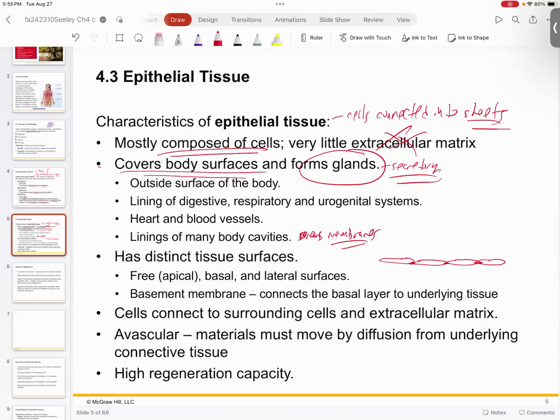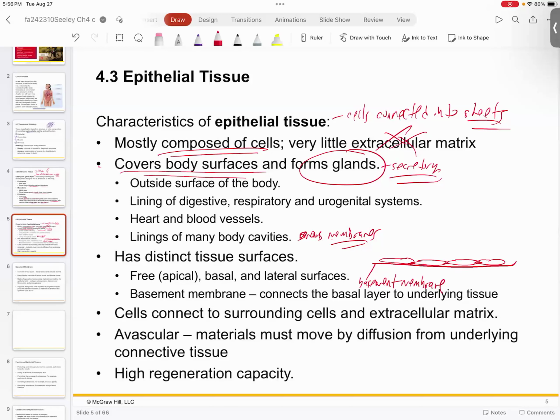And so the minimal foundation, generally speaking, is going to be right underneath, and this is going to be the basement membrane. Think of it like tack paper. It runs along the same lines as the connective tissue. It's kind of a foundation that allows you to glue this line of cells onto it, so it's not just free floating in space.